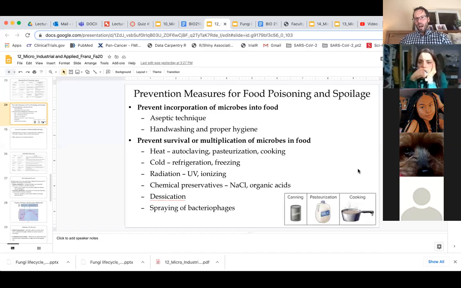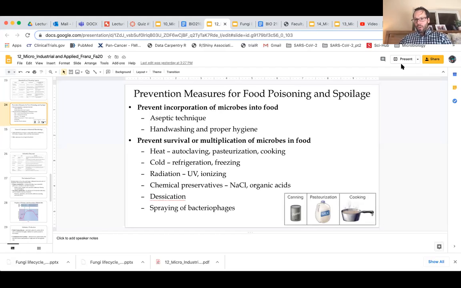We've been talking about how microbes are beneficial to us in a number of different ways, and wrapped up with food poisoning and how there were two types of food poisoning, one being intoxication from the exotoxins that the bacteria or other microbes secrete, or the actual foodborne illness where that food contains microbes that are still active and able to infect us.